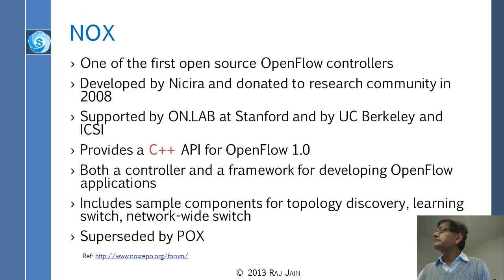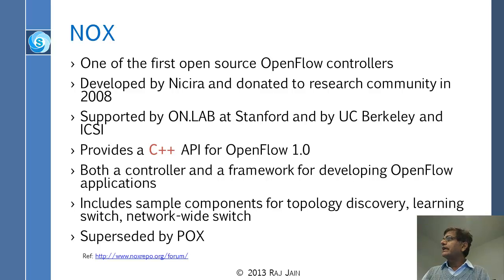And so it was developed by Nicira and donated to the research community in 2008, and it's supported by ON Lab. ON is Open Networking Lab at Stanford University and UC Berkeley by ICSI. So basically, these are the two universities which are working on OpenFlow more than other universities.